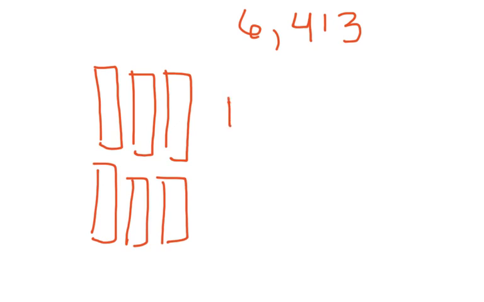We have 4 squares, and we're going to pretend like 10 of these actually make up one of these. Remember that? Because there are 10 100s in 1,000. Now if we go to our tens column, we have 1 quick 10 and we have 3 ones. So that's our quick draw. That is 6 1,000s, 4 100s, a 10, and a 3.